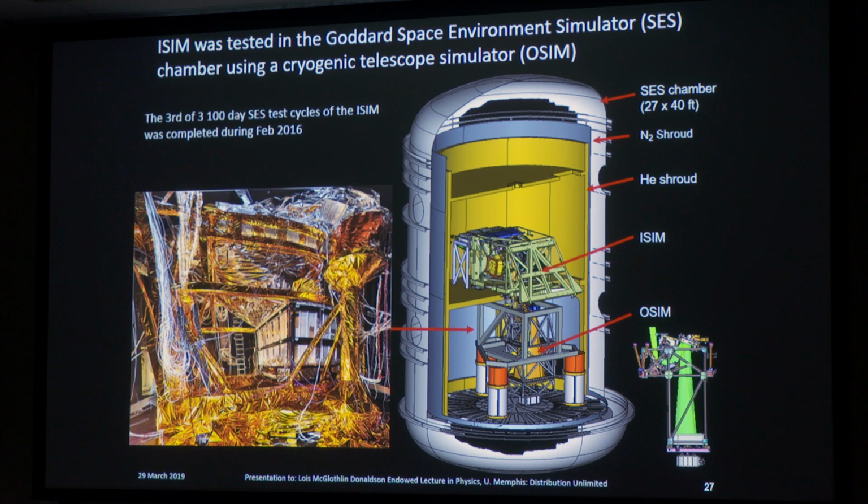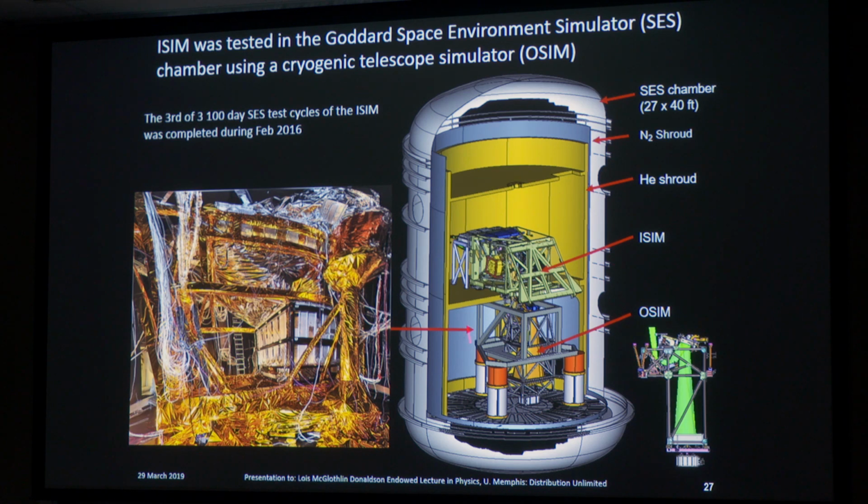Now, to test the instruments, we've had to use, again, a space simulation chamber. The biggest one at Goddard is 27 feet by 40 feet long. And even that giant chamber isn't big enough to hold the telescope. And so we had to test that instrument module in this arrangement here, where it looks down at a simulator of the JWST telescope.